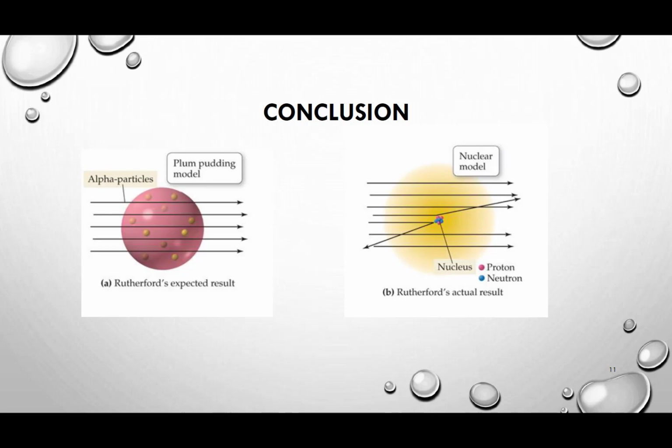So what William Thomson said, that electrons are held in a sphere of positively charged species, is inaccurate. At the center of the atom we have positively charged species, and right outside is where the electrons are. That's what Rutherford proposed after doing the gold foil experiment. Later on, with the help of one of his students, Chadwick, they discovered neutrons.